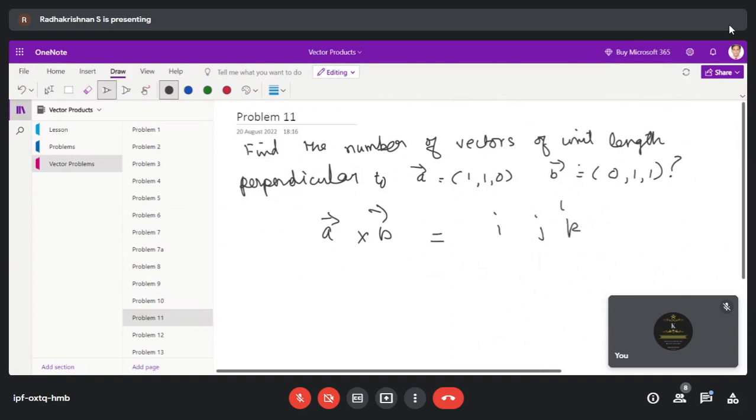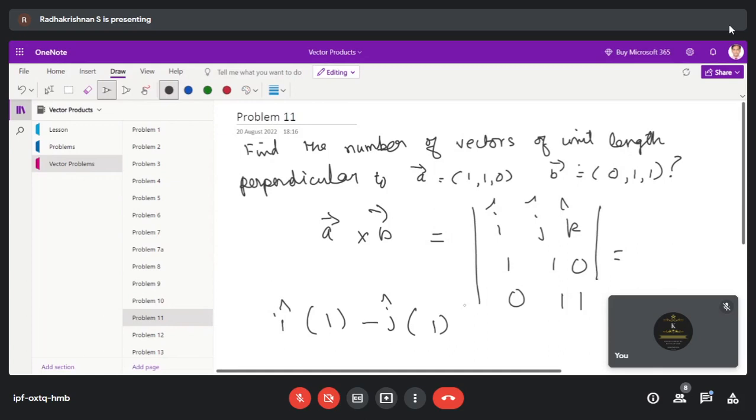Determinant of i, j, k, 1 1 0, 0 1 1. Correct. So evaluate this. i cap into 1 minus 0, 1, right, minus j cap into again 1 plus k cap into again 1.